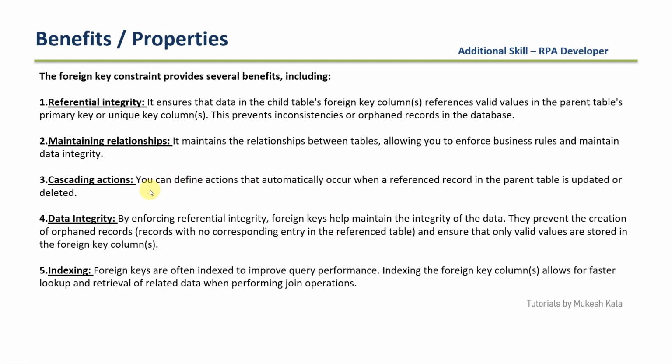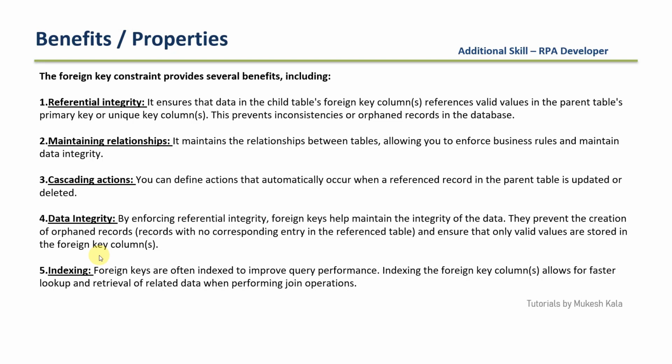The fourth item here is data integrity, right? By enforcing referential integrity, a foreign key helps you to maintain the integrity of data. We have already seen that we cannot create orphan records, and we ensure that only valid values are stored in the foreign key. The fifth element, or I would say property, is that it helps you to create an index.